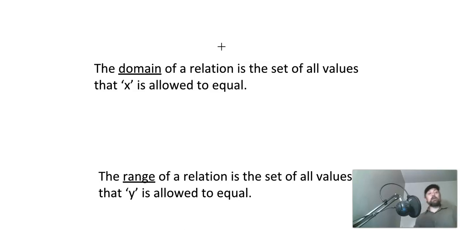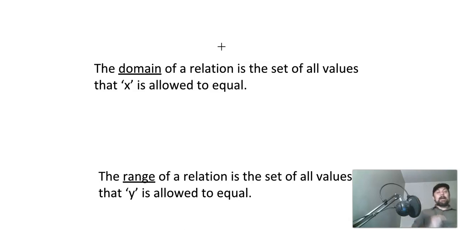We cannot include a number in the domain that shouldn't be there. Not even one number can be accidentally included. And we can't accidentally leave out a number that needs to be there. We have to have it down to the last number, everything that we could plug in for x. That's what the domain has to be, and we have to get it exactly right. That's where I think people start to have trouble.